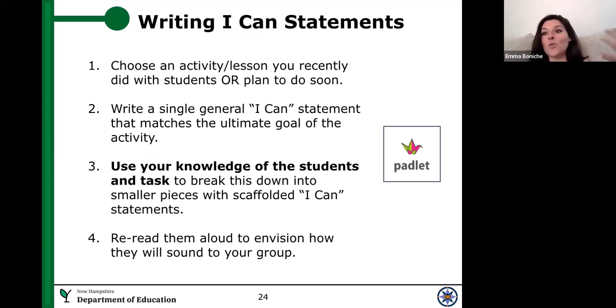I do the I can, but I think behavior wise, incorporating these into that conversation and having the kids come up with them is super helpful, because it also holds them accountable, because they're the ones creating that goal.